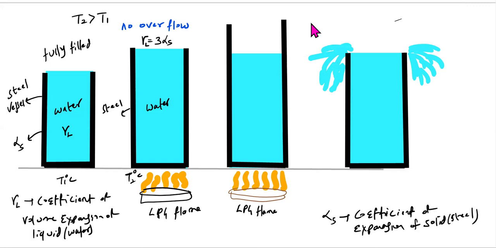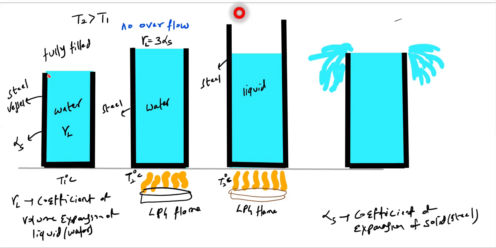Some liquid may not be water, some other liquid. Let this be a steel vessel. Then I'll raise the temperature. So earlier, what was the temperature? Now the temperature is higher. Again some other liquid, need not be water. Let's assume that it's fully filled up.